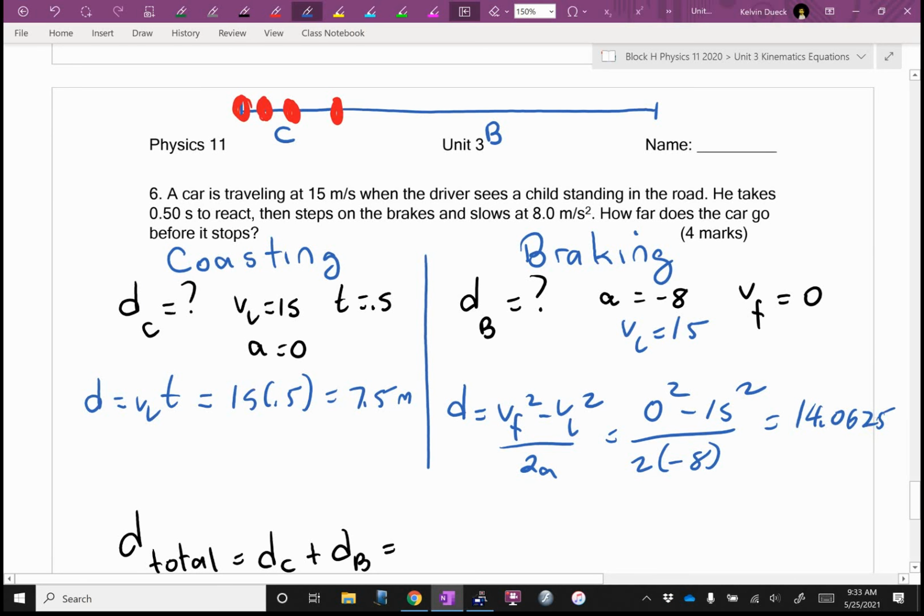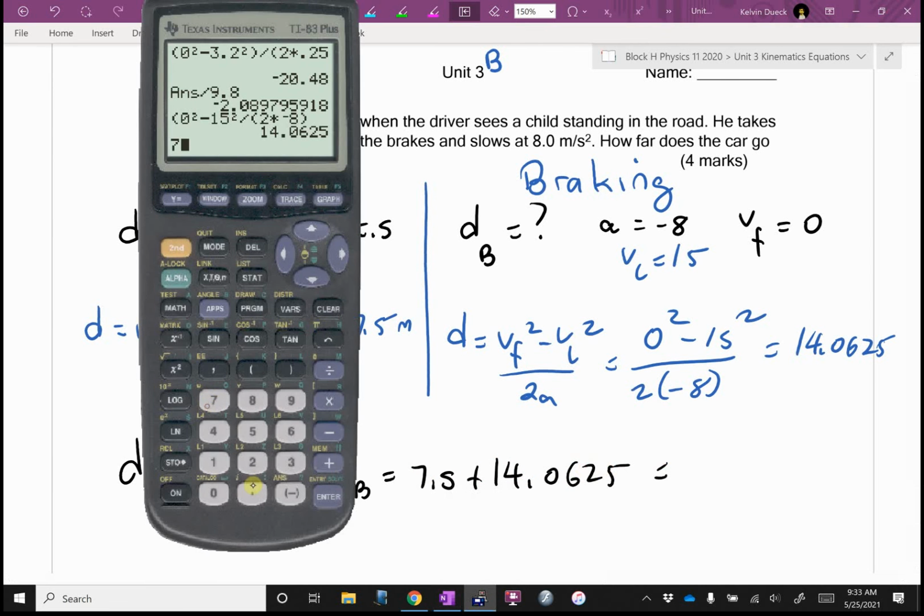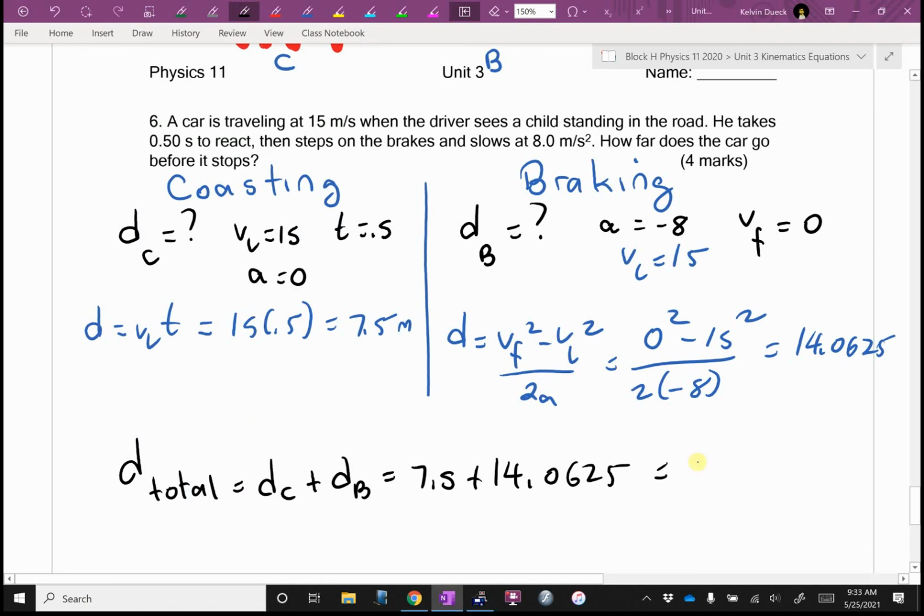I haven't rounded off yet because I'm not at my final answer, so I'll carry the extra decimals since it's not that much. So the final distance is going to be 7.5 plus 14.0625. And I get 21.6 meters. Is that right?